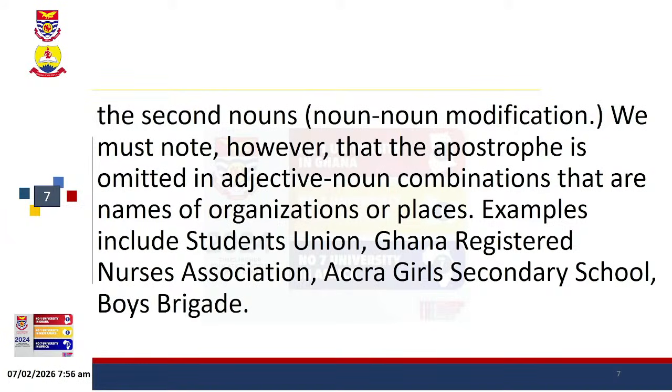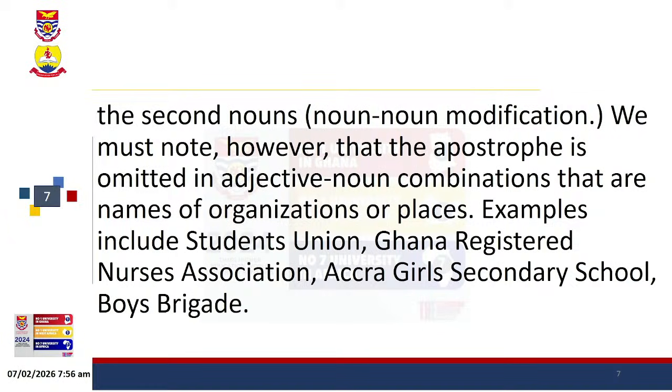For example, Students Union. Students is a noun. Union is also a noun. Okay, Students Union, Ghana Registered Nurses Association, Accra Girls Secondary School, Boys Brigade.